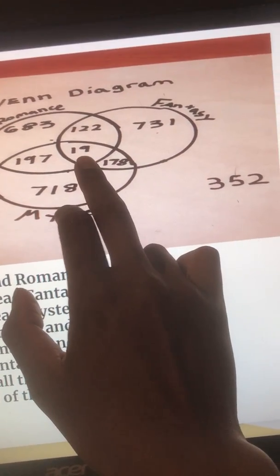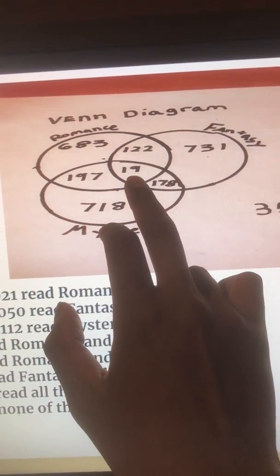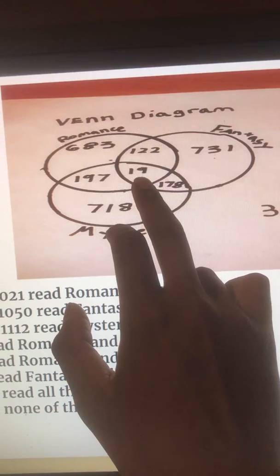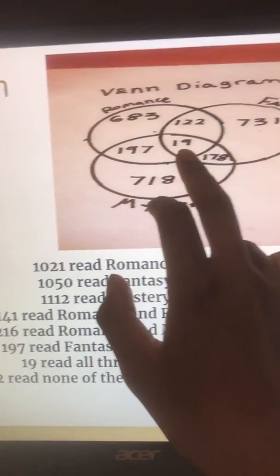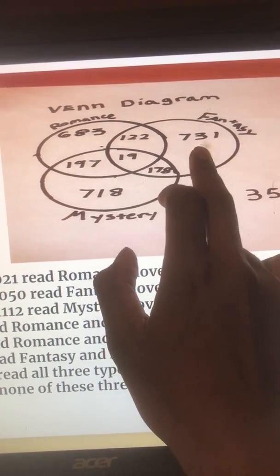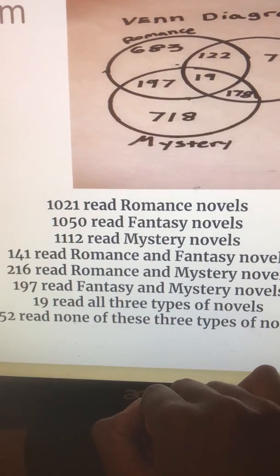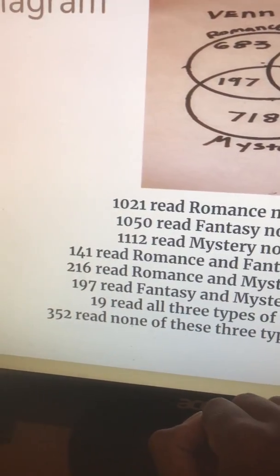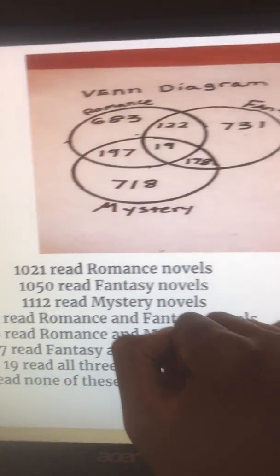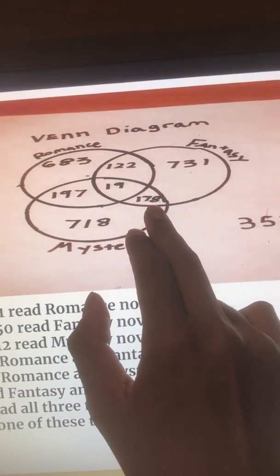Then I worked out which groups read multiple novels together instead of one. I started with fantasy and mystery, which was 197. I subtracted 19 from 197 and got 178.